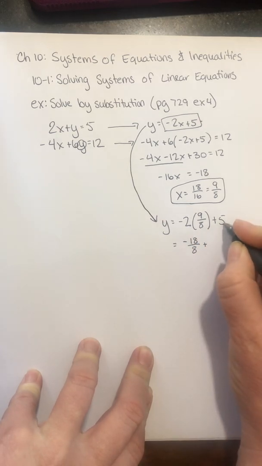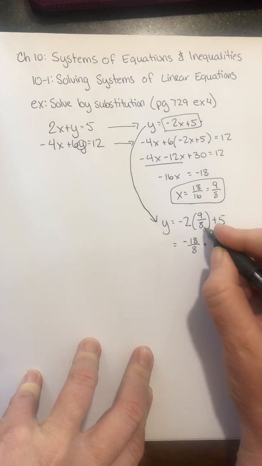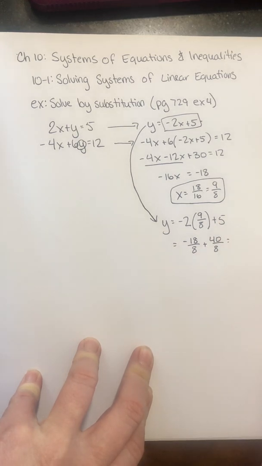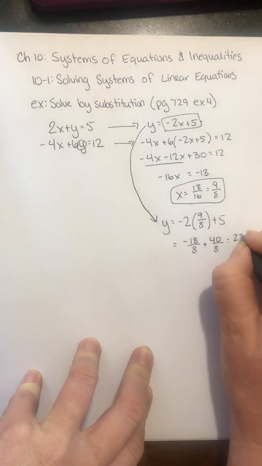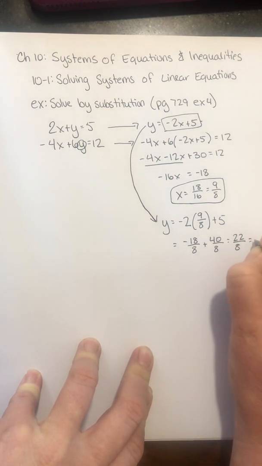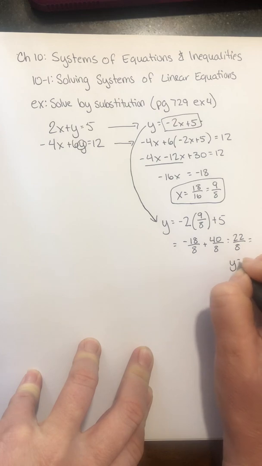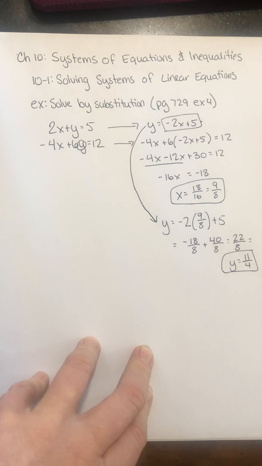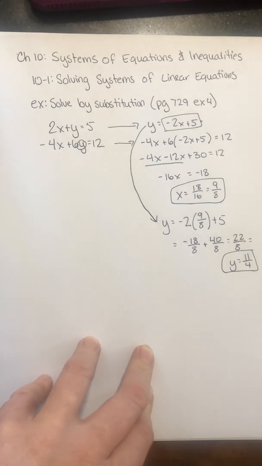And then if I want to write 5 as a fraction with a denominator of 8, that would be 40 over 8. Negative 18/8 plus 40/8 is 22 over 8, or y equals 11 over 4. So that's solving using substitution.